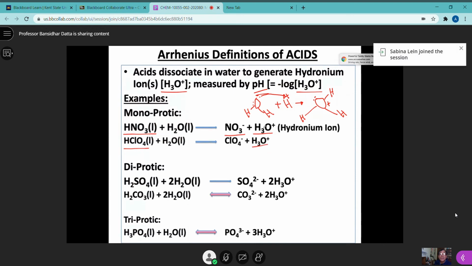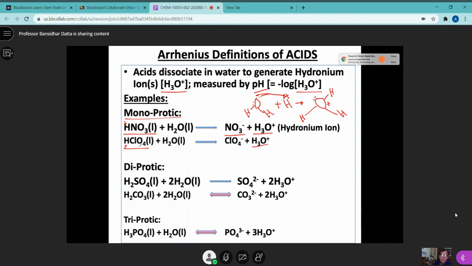So how many hydronium ions are generated from these two acids? One, right? One proton, one hydronium ion. This is called monoprotic. Protic stands for proton. So monoprotic means it has one proton. Nitric acid and perchloric acid are monoprotic acids.